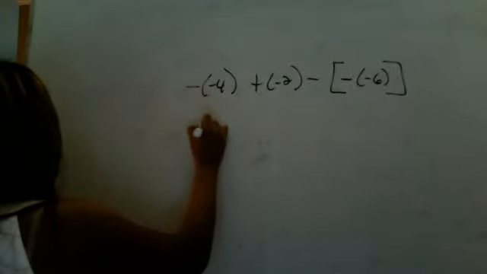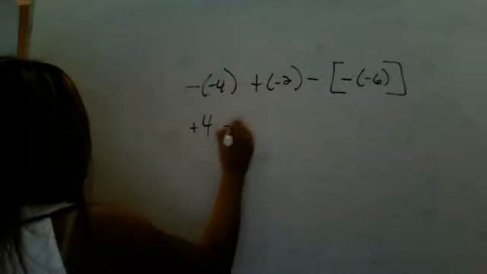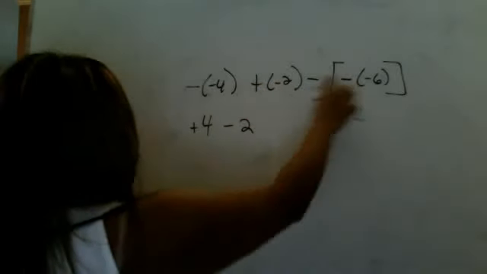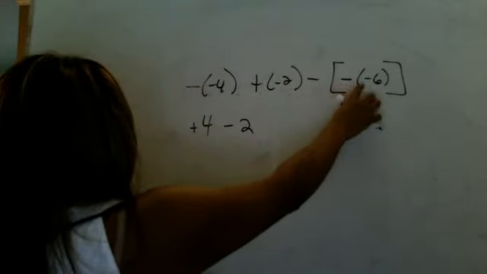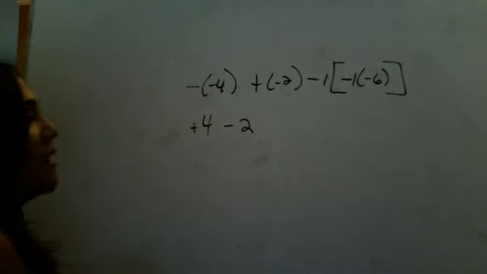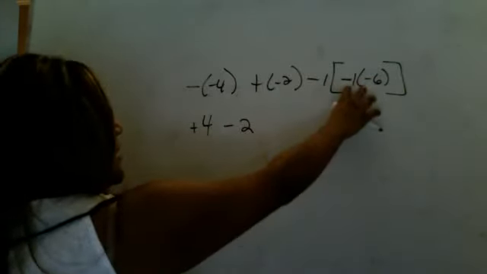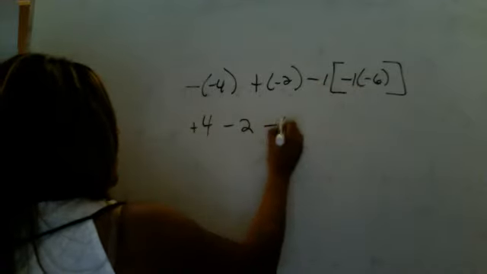That's going to be positive 4. Positive and negative is minus 2. You've got 1, 2, 3 layers separated by parentheses, which all imply negative 1 times those numbers. Negative 1 times negative 6 is positive 6, times a negative is a negative 6.